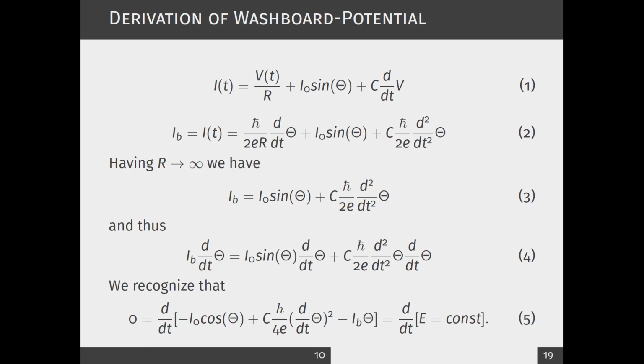We will at first imply that the total current flowing is constant. This is I_B. And then we multiply both sides by d over dt theta. Doing so, we have equation number 4.